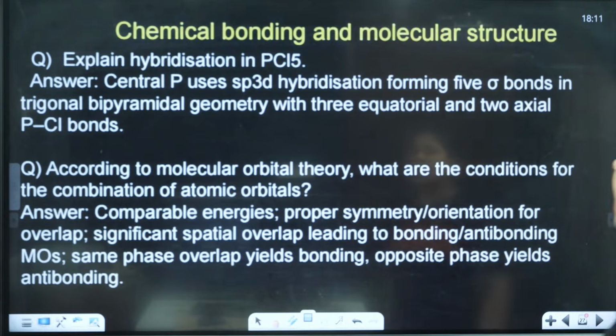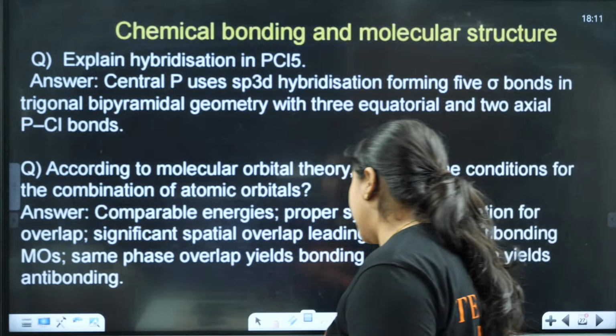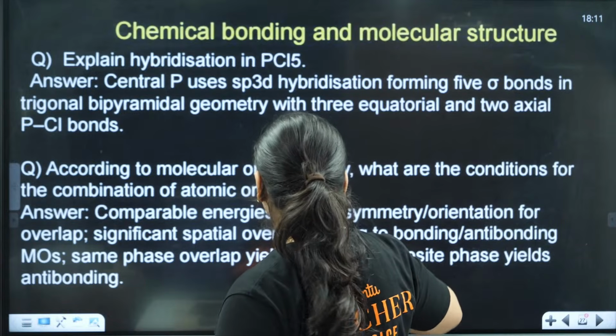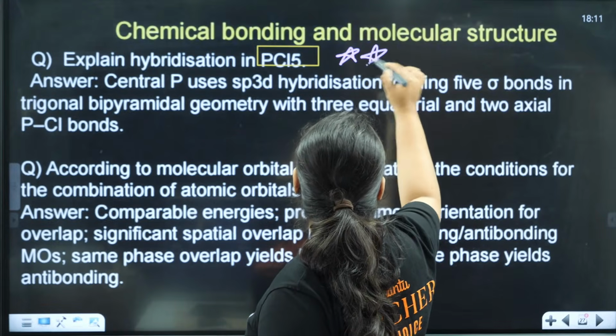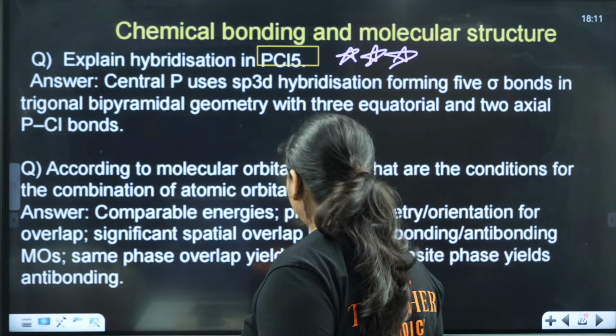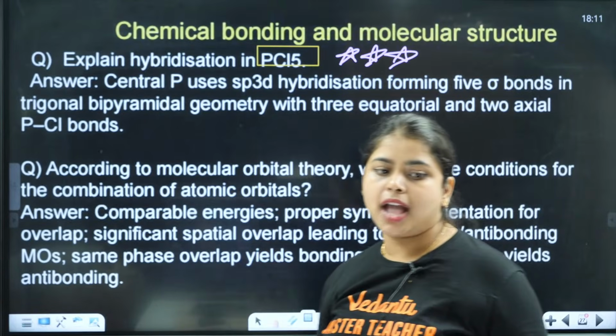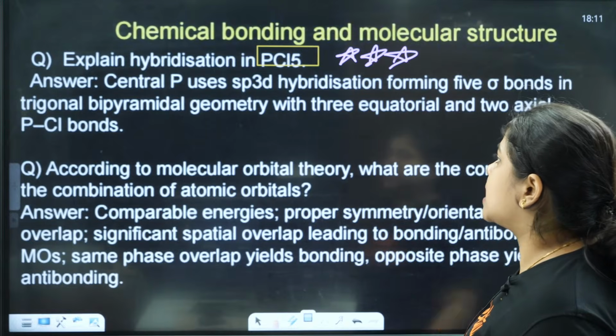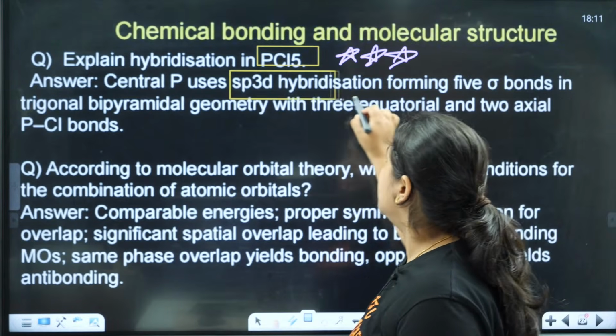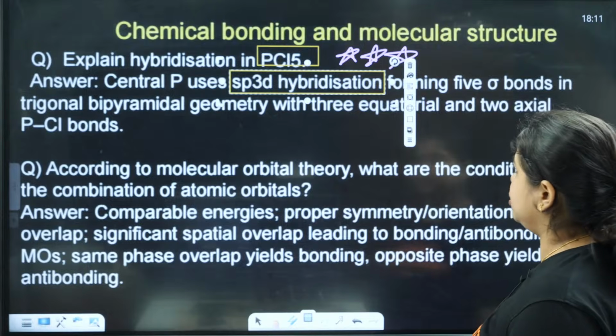Next, explain hybridization in PCl5. This is a question that has been asked many times. PCl5 will definitely be asked as a short question, how phosphorus bonds. Okay. Central P uses sp3d hybridization. It uses sp3d hybridization. Means what?